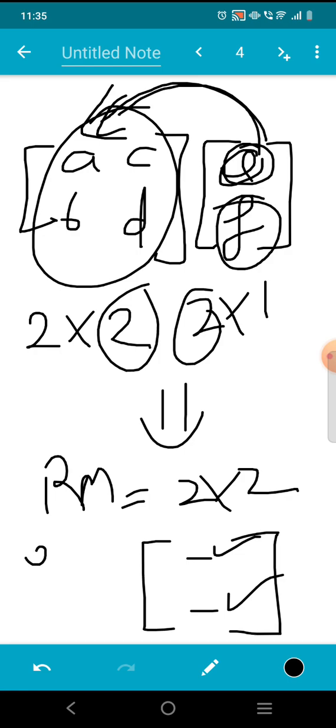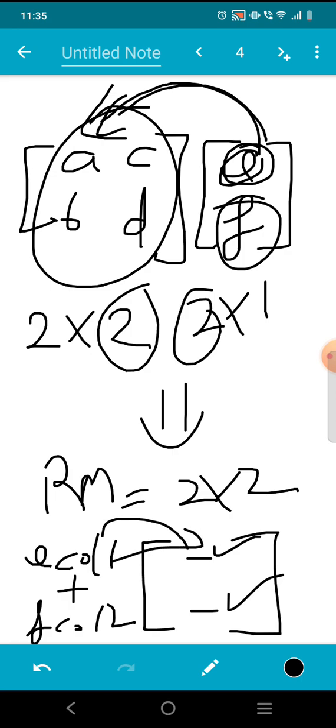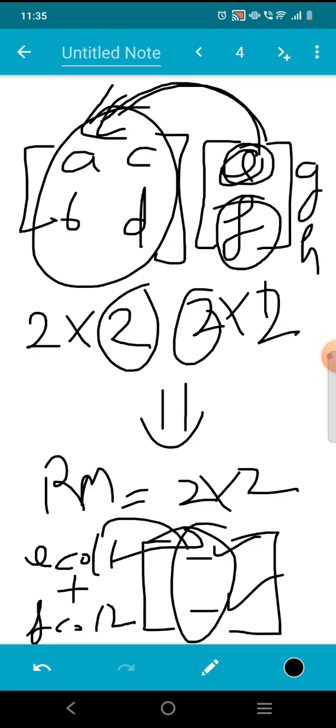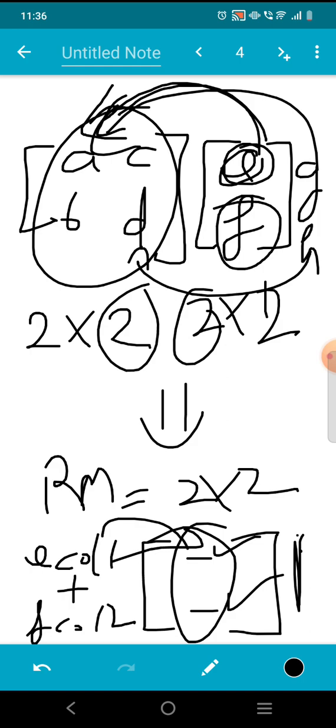Here we will be doing E into column 1 plus F into column 2, and this will give us our resultant first column. Similarly, for a 2 into 2 matrix, G and H will give us another column with G into column 1 plus H into column 2, and it will give us our second column.